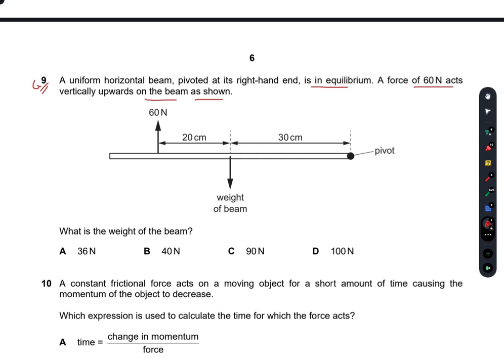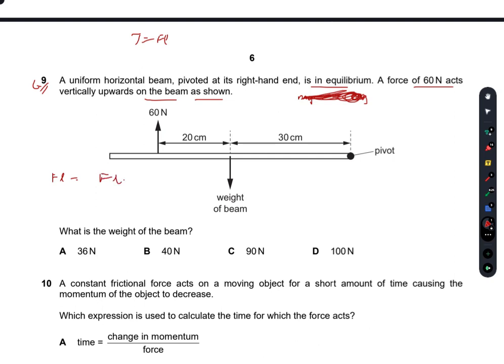So I know that for an object to be balanced, the sum of anti-clockwise moments should be equal to the sum of clockwise moments, and torque is equal to F times l. So for the clockwise motion, the Fl is equal to the Fl.